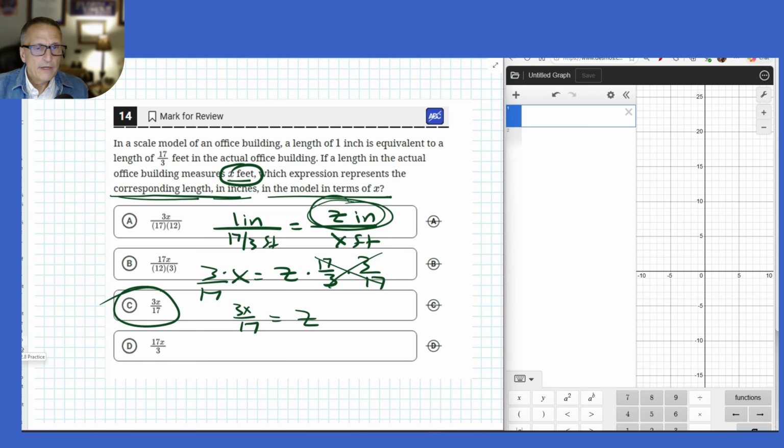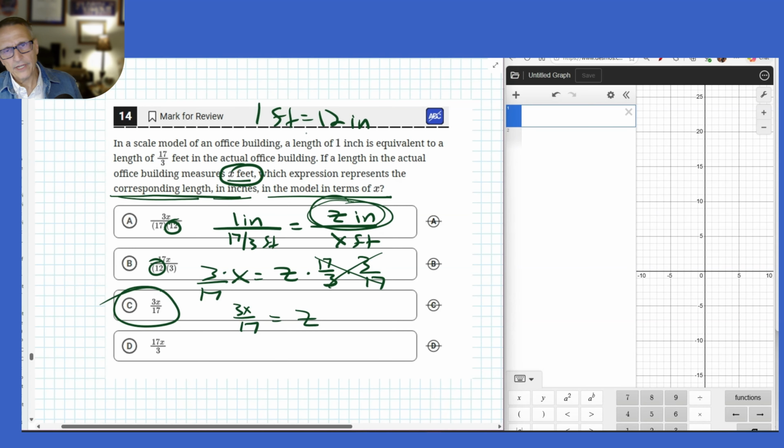Now, I had several students, probably 25% of my students, thought that they needed to introduce this conversion on 12, or that they were supposed to put 12 inches up here. No, this problem had nothing to do with the fact that 1 foot is equivalent to 12 inches, because this was scaling feet of an actual office building to the inches of a model for that office building.